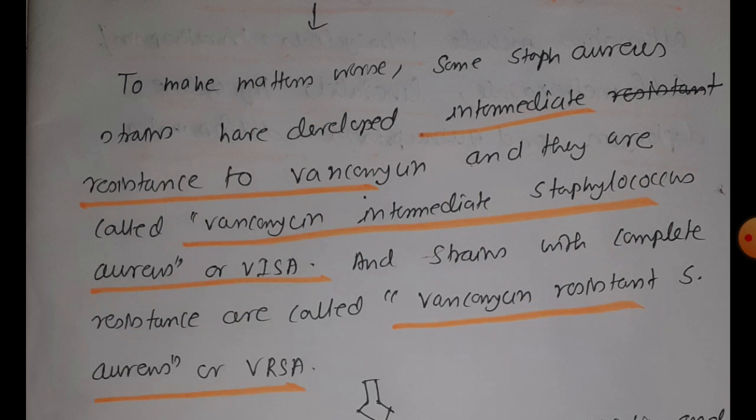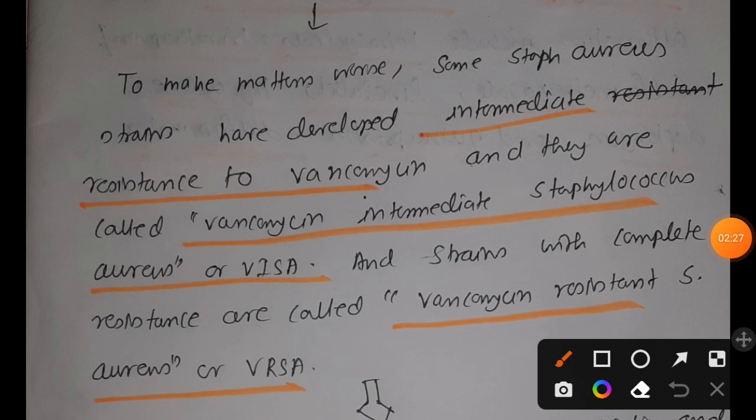Okay, so there are two kinds of resistance that they develop. One is intermediate resistance. Those strains who have developed this intermediate resistance are known as VISA. That is not the VISA we usually know, but it is the vancomycin resistant intermediate Staphylococcus aureus.